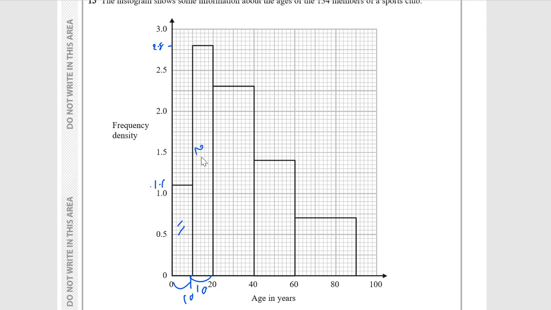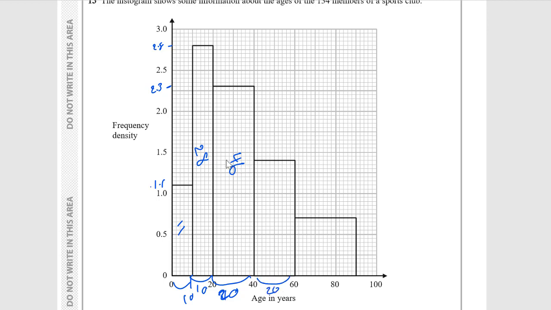So that's going to give us 28. And then here we've got 20. And we can see we've got here 2.1, 2.2, 2.3. So 2.3 times by 20 gives us 46. Here we've got 20 again.